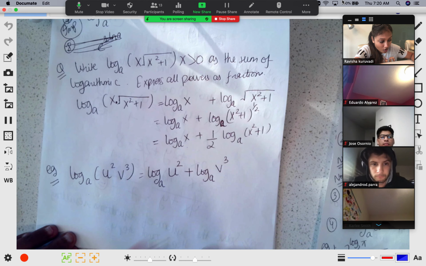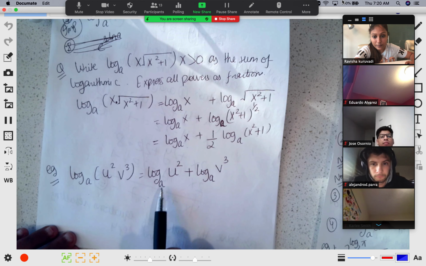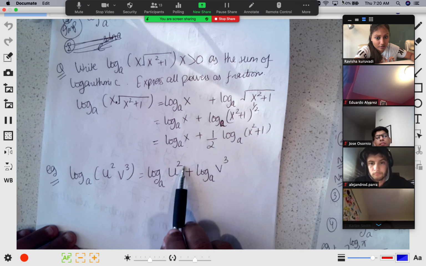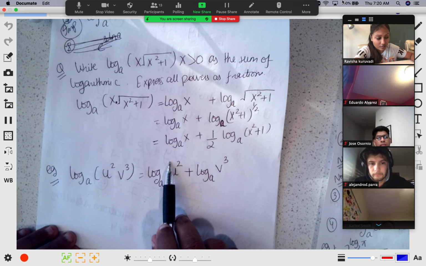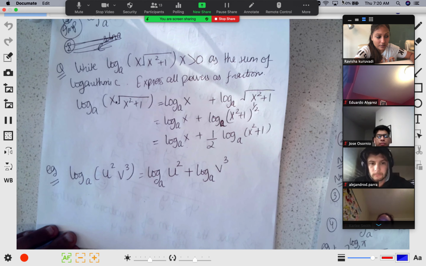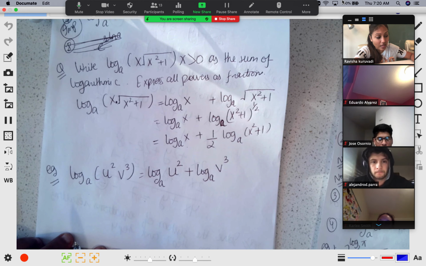Log a of u square. What happens when a logarithm has an exponent here, a power? You know what happens, Karen, here?